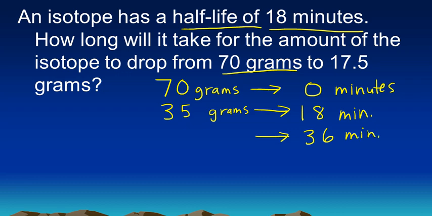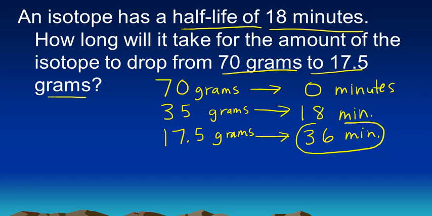And in that half-life, it will drop to half of 35, which is, I believe, 17.5 grams. And lo and behold, that's what the question is asking about too. How long will it take to drop to 17.5 grams? And so that's the answer. It's 36 minutes. And so making a little chart, a diagram here, can help you to solve these half-life problems.